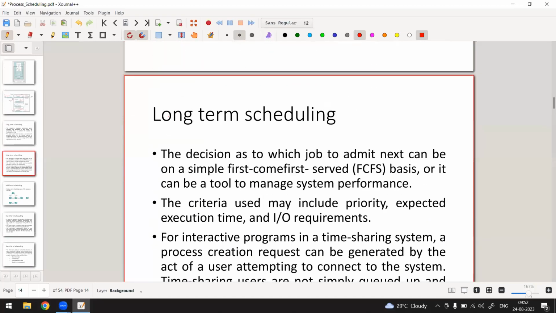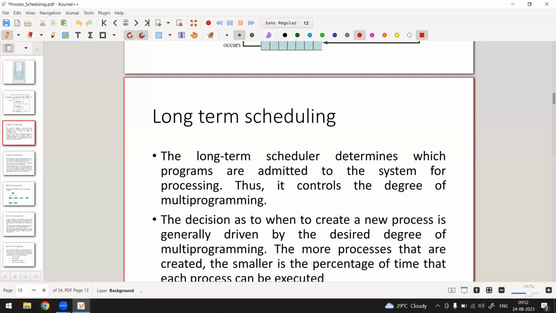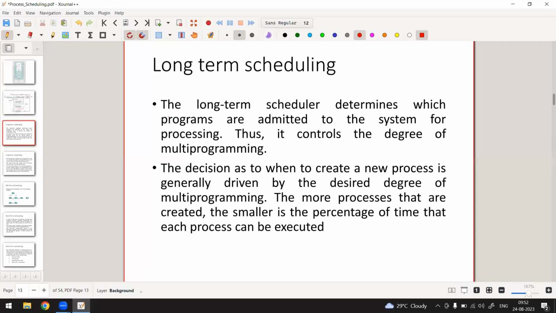So again, what is the long-term scheduler? The long-term scheduler determines which programs are admitted to the system for processing. Thus, it controls the degree of multi-programming. This statement is very popular in the literature, and is also asked many times in exams. Why does the long-term scheduler control the degree of multi-programming?